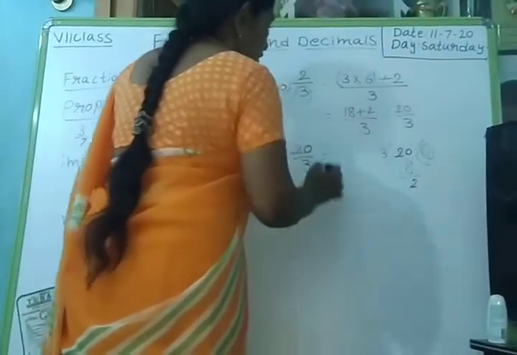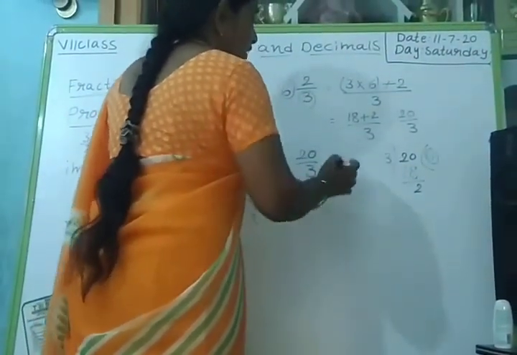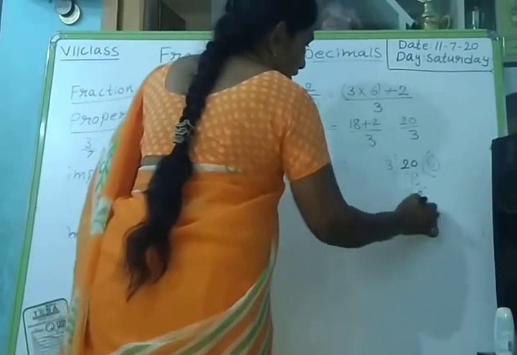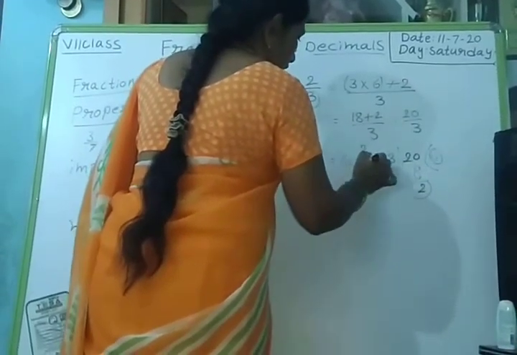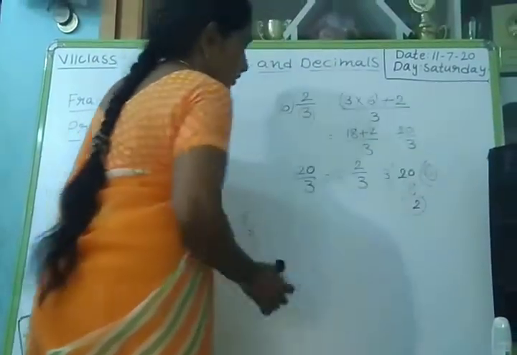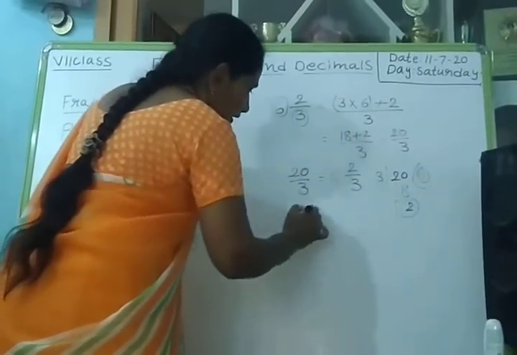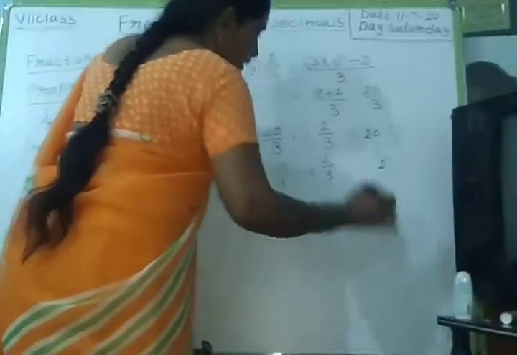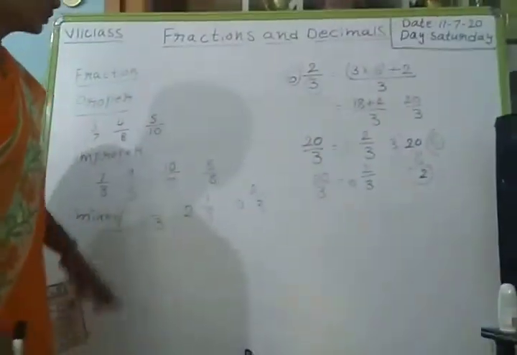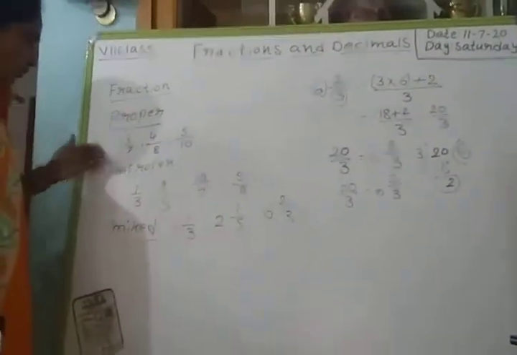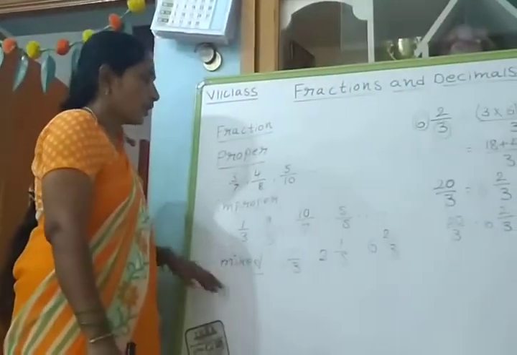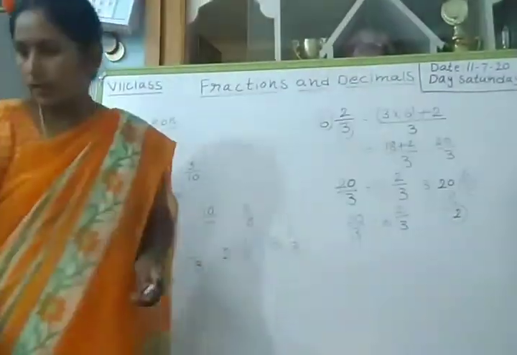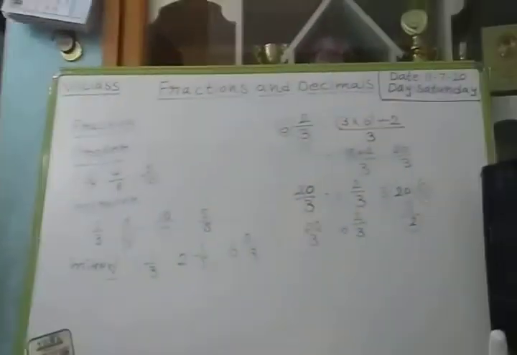Quotient as whole, remainder as numerator, divisor as denominator. So 20 by 3 converted into a mixed fraction is 6 2 by 3. Like this we can convert improper fractions into mixed and mixed into improper fractions, as we discussed yesterday.